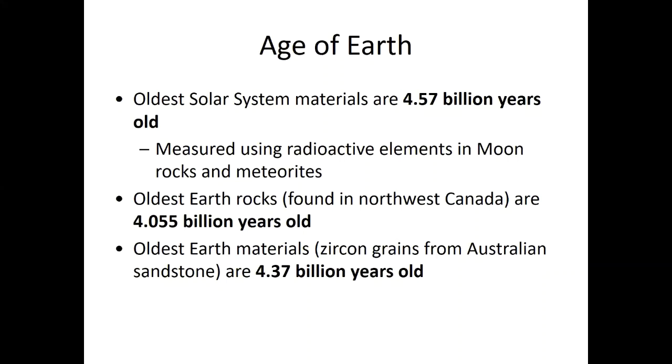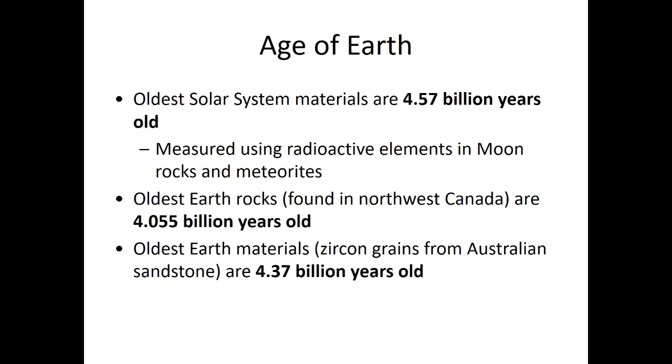Then looking on the Earth, the oldest rocks found on the Earth, which are found in northwest Canada, date to about 4.055 billion years old. And the oldest Earth materials, actually individual mineral crystals called zircons from sandstones in Australia, date back to 4.37 billion years old.